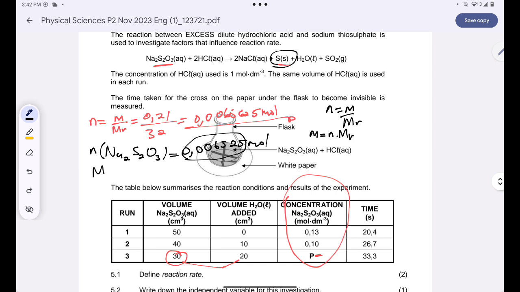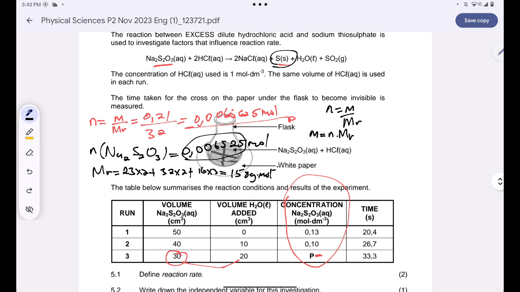For sodium thiosulfate, sodium is 23 but I have 2 of them, sulfur is 32 and I have 2 of them, and oxygen is 16 and I have 3 of them. So the molar mass is 158 grams per mole altogether.